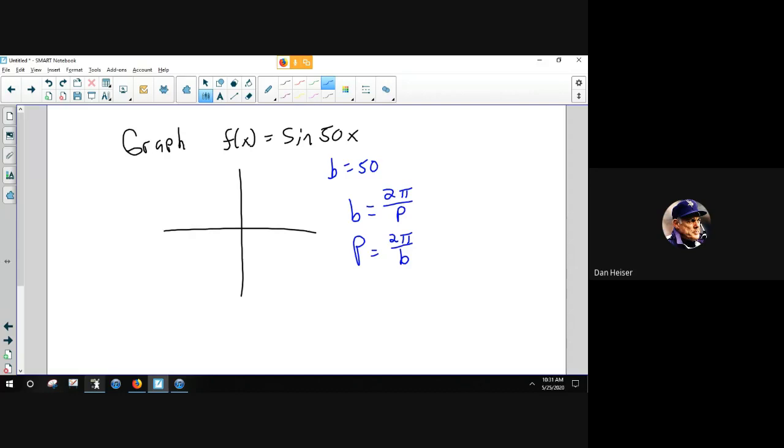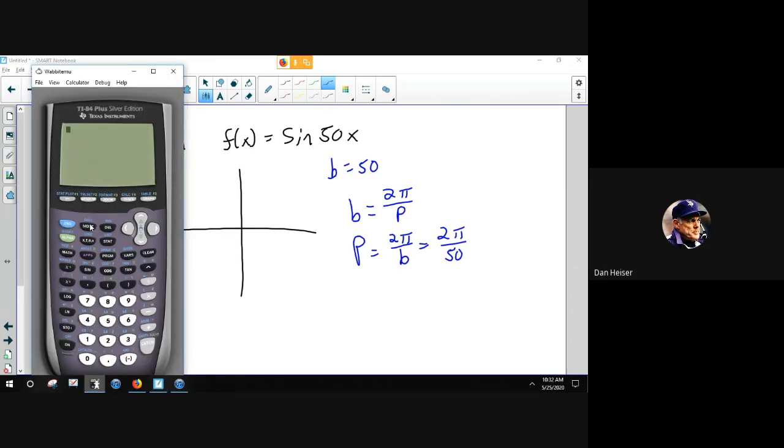So I can calculate the period: it is 2 pi over 50. Very, very small value. In fact, 2 pi divided by 50 means we have a period length of approximately 0.126.